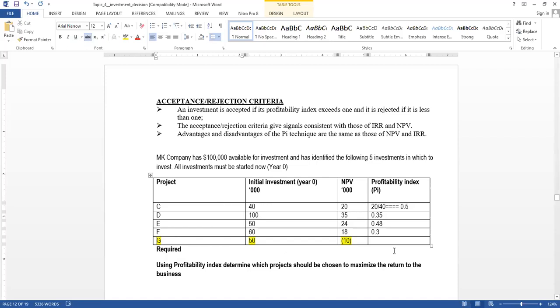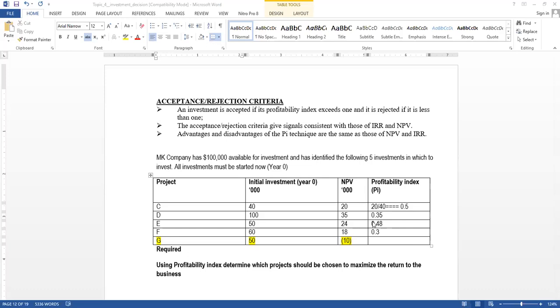Why is it out? Why am I excluding project G? Because it's below 1. No, because you can see that all these projects, their PIs are less than 1.